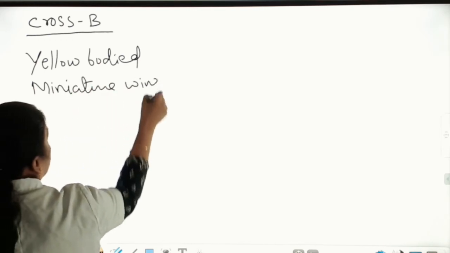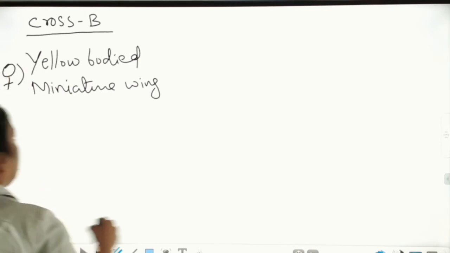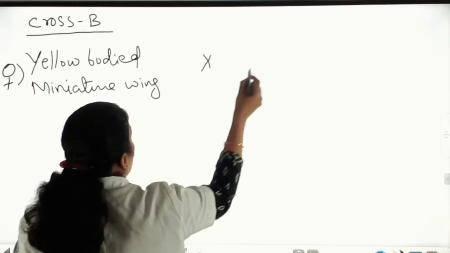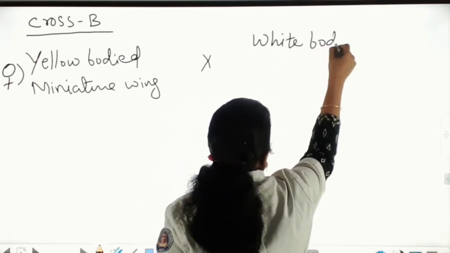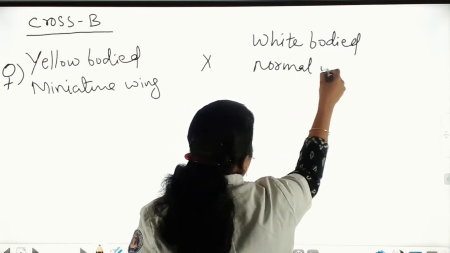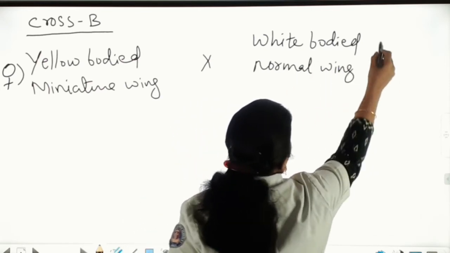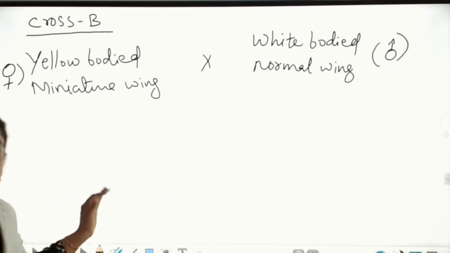Miniature wing. And that is the female. Okay. And it is crossed with the white bodied, normal winged male. Is it clear?